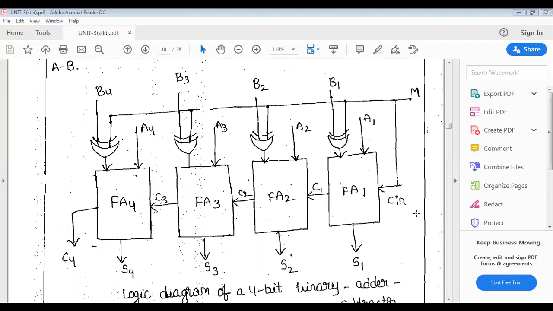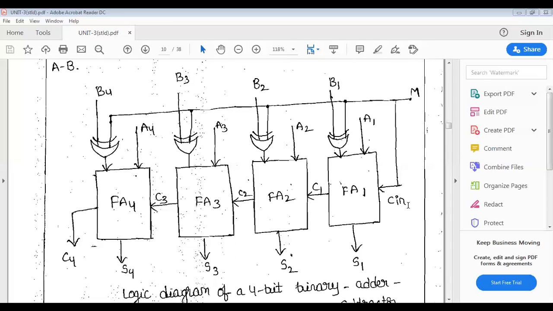The full adder 1 takes A1 directly, so directly it takes the A bits, A1, A2, A3, and A4. But we have changed only the subtrahend value, that is the B value, for A plus B and A minus B. Plus operation means we directly take the Cin as 0, and minus operation means we take the Cin as 1.